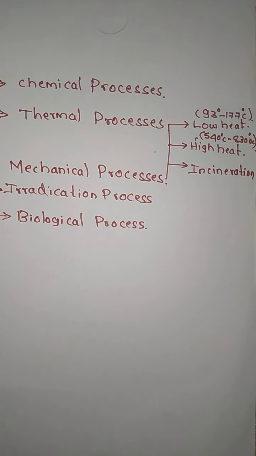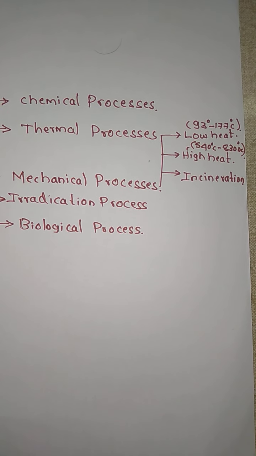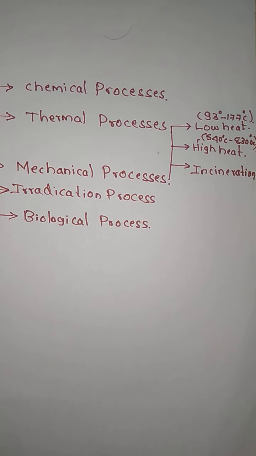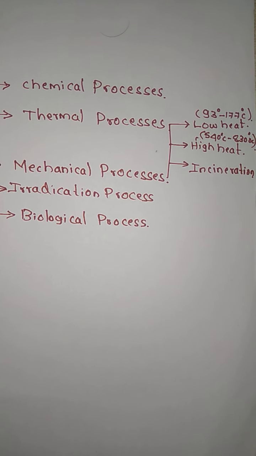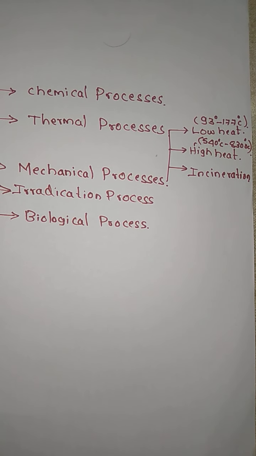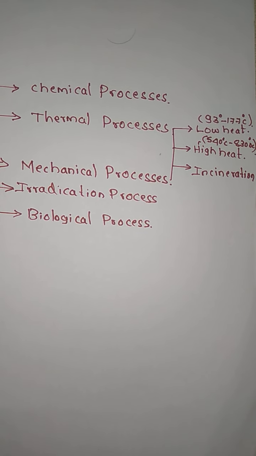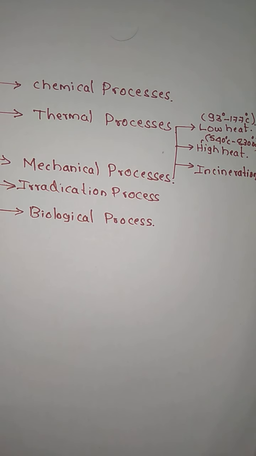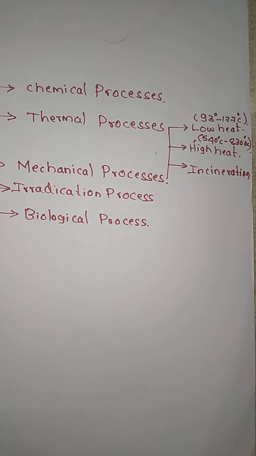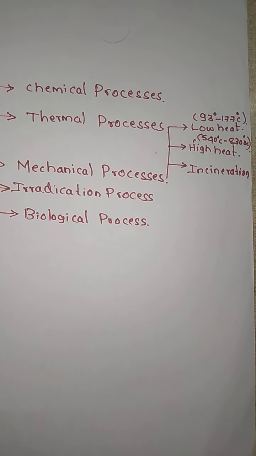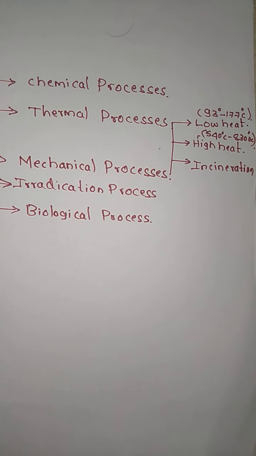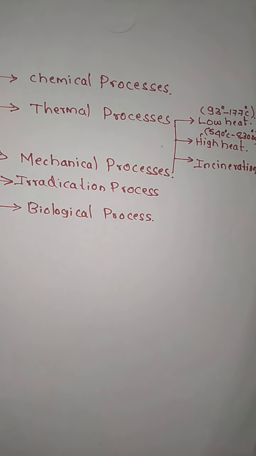Next, we also use compaction to reduce the volume of the waste material, and shredding, as I have told you, is used to destroy plastic and paper waste to prevent their reuse, and the waste is disinfected. Normally, shredding of ordinary plastic waste is used for size reduction or for recycling.